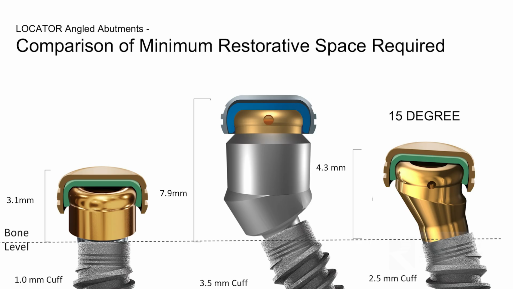Now, let me put it this way. With screw retained restorations, if you have an SRA abutment in here, and the direction was past that 20 degrees, you wanted to parallel those implants.